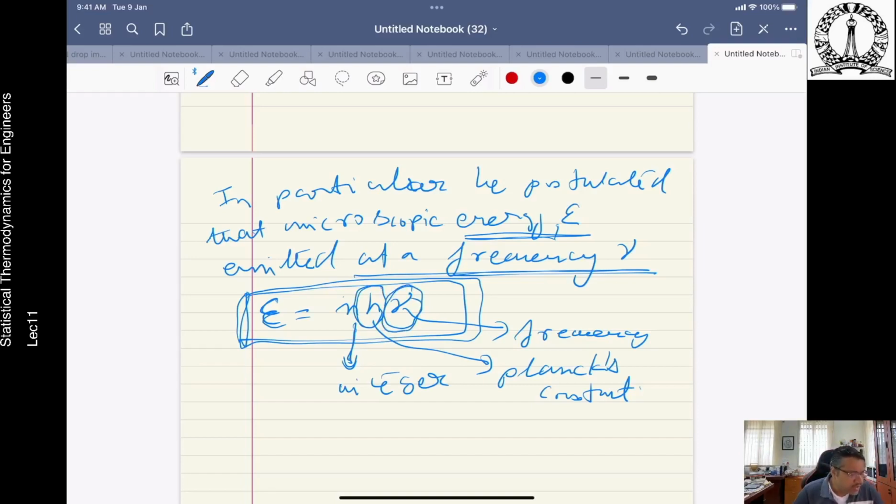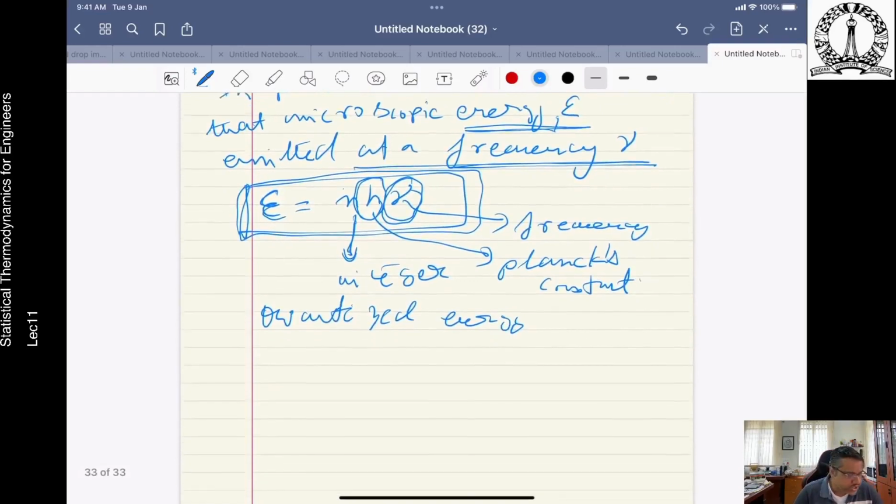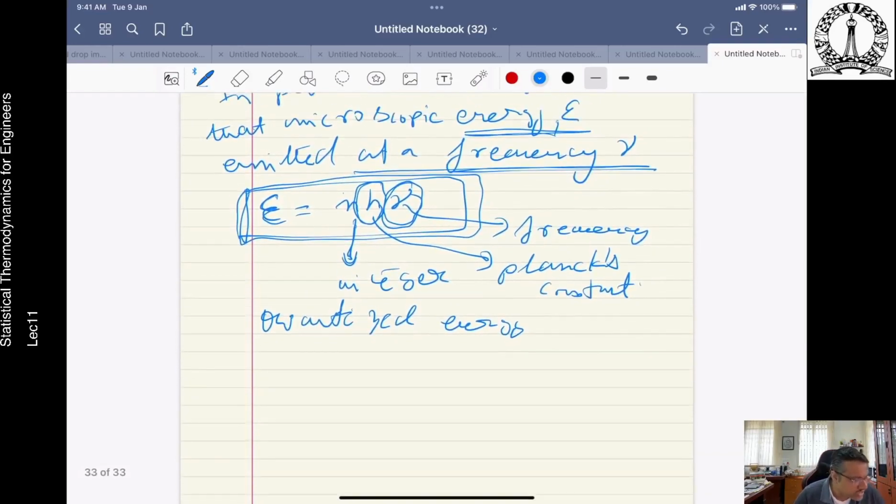So what happened after this? The energy is quantized. Also, as a corollary of this, you can also say that the radiation is composed of distinct entities like photons.